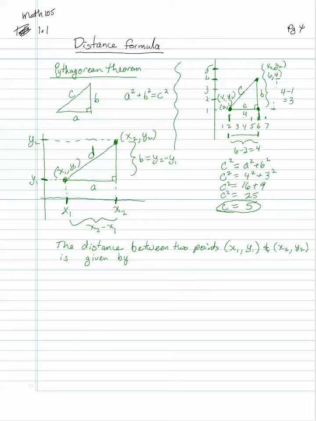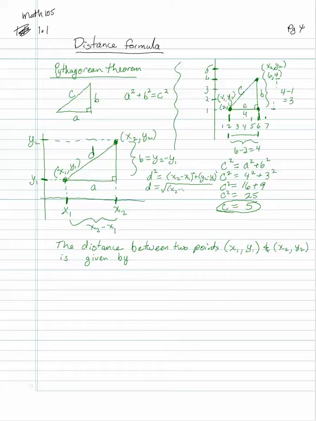So let's mimic this: c squared, we'll call that d squared. Then a squared, A is x sub 2 minus x sub 1. B is y sub 2 minus y sub 1. Okay. So that's a squared plus b squared equals c squared, but I'm calling it d now. And then I'm going to square root both sides, and I'm going to get the square root of that expression.